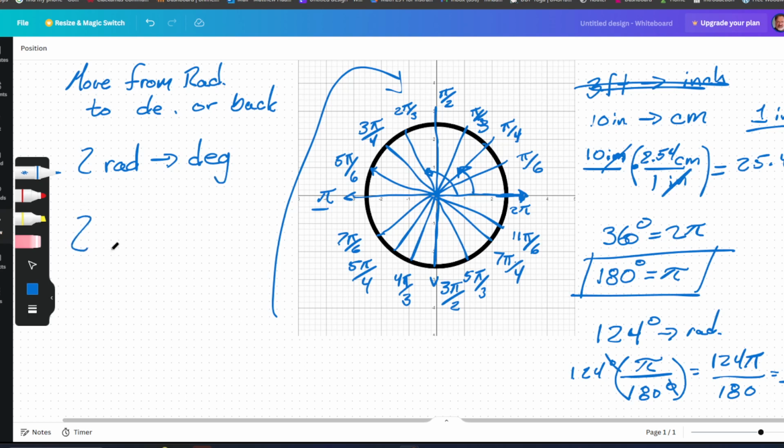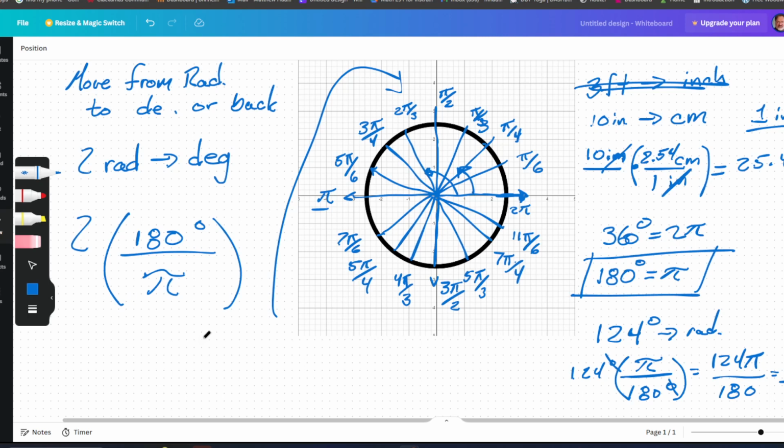2 radians. We want to get rid of radians and put in degrees, so I need degrees on top, radians in the bottom, so 180 degrees over pi radians. Notice I'm sometimes writing radians and I'm sometimes not. As I said, that's okay, because radians is a ratio unit. It doesn't have a true value unit on it. But degrees does.